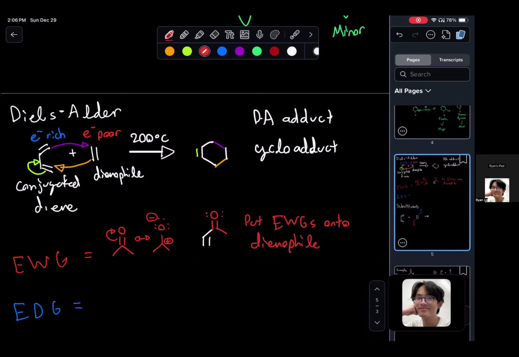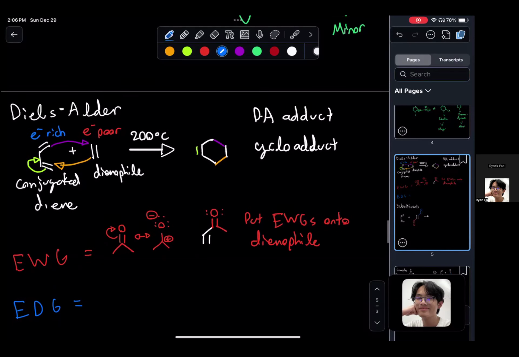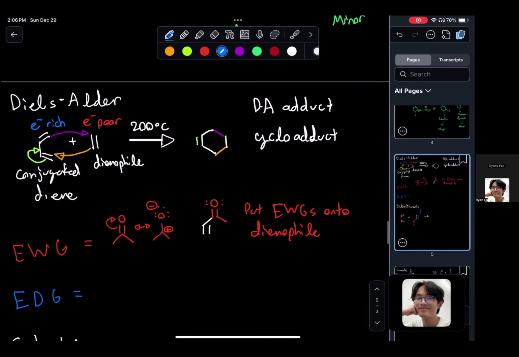On the opposite case, electron donating groups are basically any group that donates electrons. We'll do this.